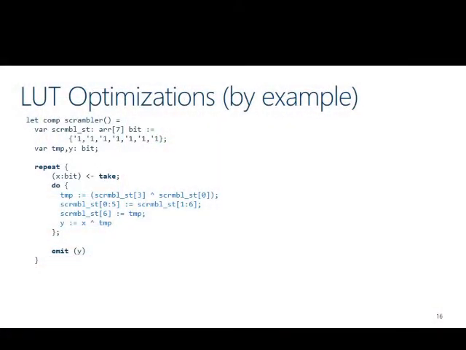Okay, so let's see the example of the scrambler that we've seen before. This is the scrambler code, which starts from this state array, and these are the internal states.